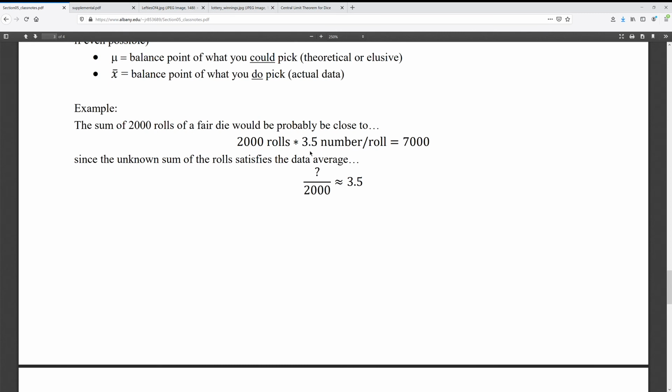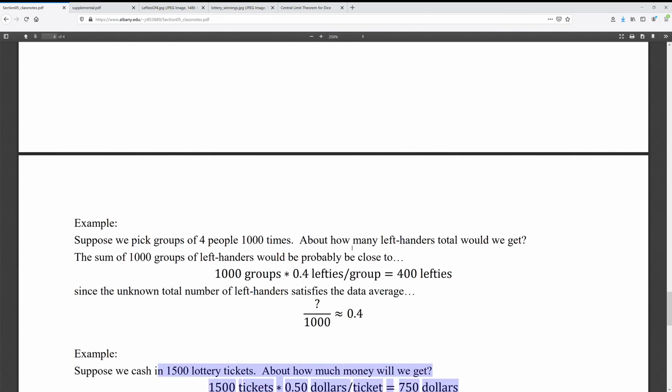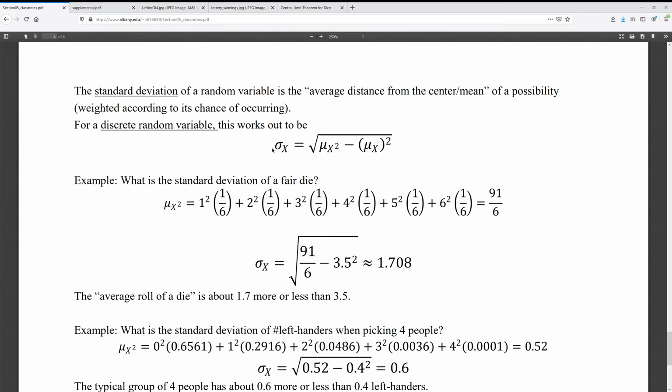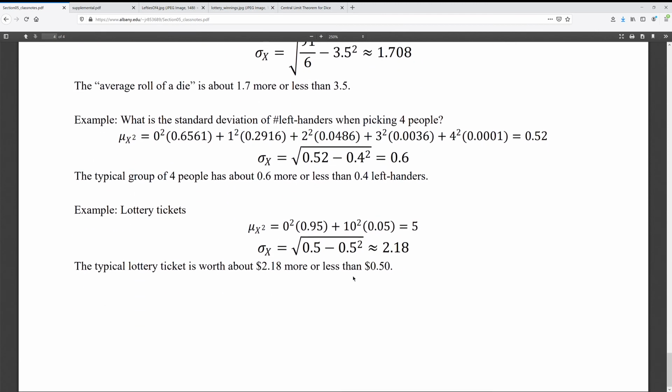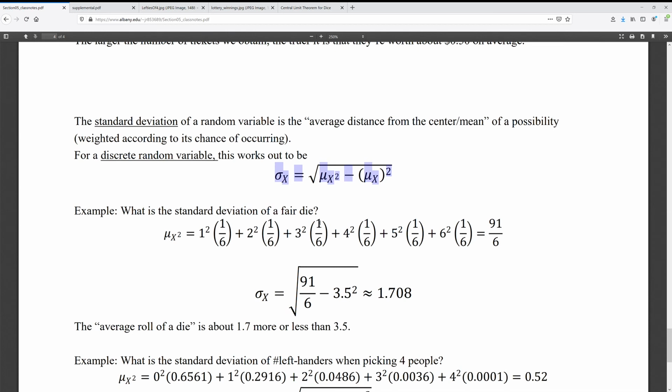But bear in mind that the mean, the balance point, is something you can compute and talk about whether it is useful or not. With that in mind, we can compute the standard deviation of a random variable. And we've done it, and we've talked about some intuitive ways of thinking about whether the answer is plausible or not, but we haven't done anything with it, right? So we haven't talked about what the standard deviation of a random variable will be useful for.